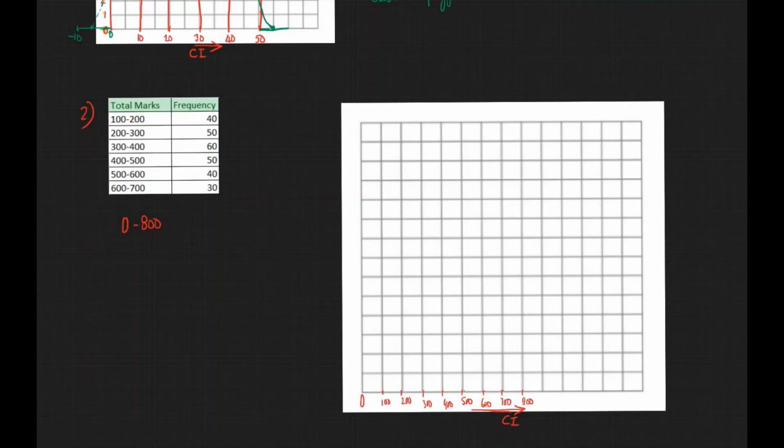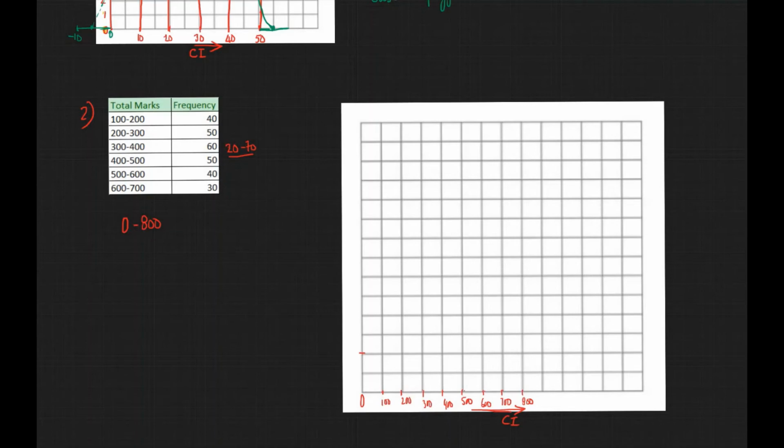800, and the y-axis is a frequency, and the frequency is ranging from 30 to 60. So let's say it's from 20 to 70.